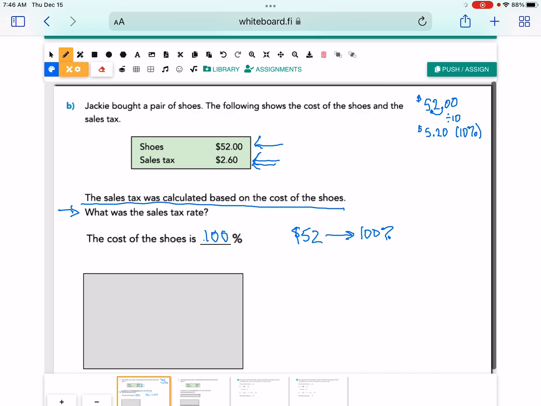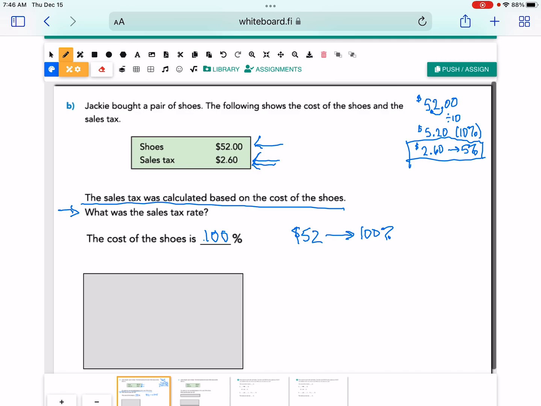So by my estimation, I've already come up with the fact that that $2.60 seems to me to be 5%. Okay. So they've given us easy numbers here to work with. But by estimating, I've predicted what a reasonable answer is.